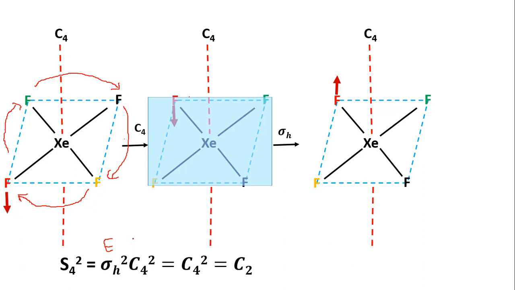C4 square is doing C4 two times, rotating through 90 degree two times. Rotating through 90 degree two times is equivalent to 90 plus 90, which is 180 degree rotation once, and this is nothing but C2. E into C2 is C2. This is what you get.